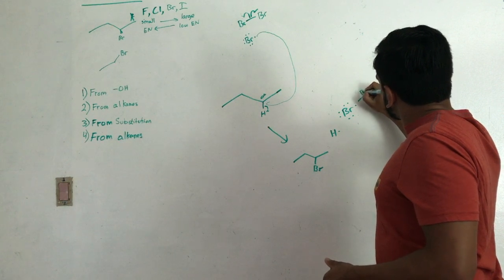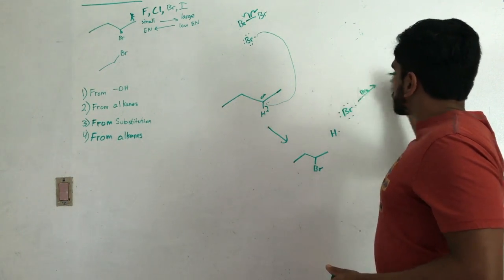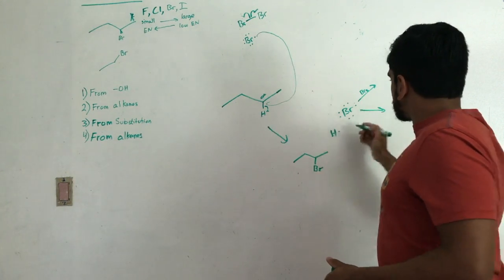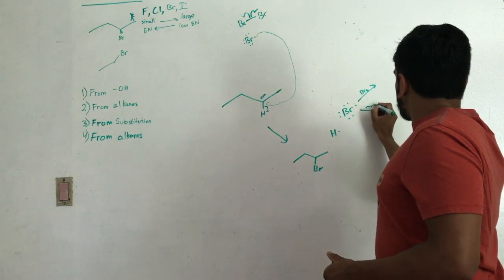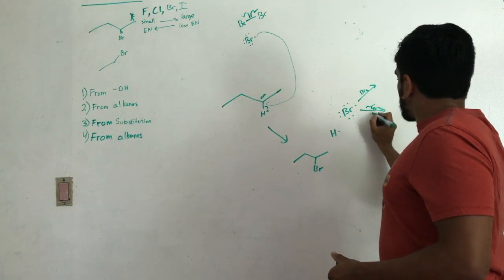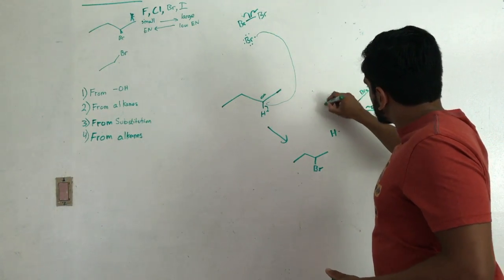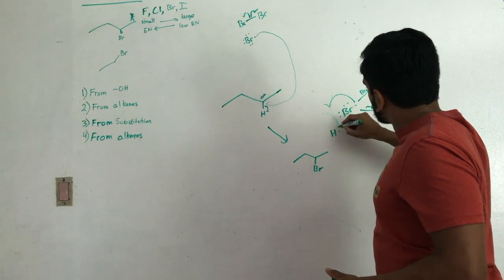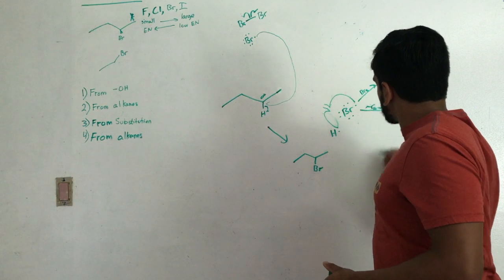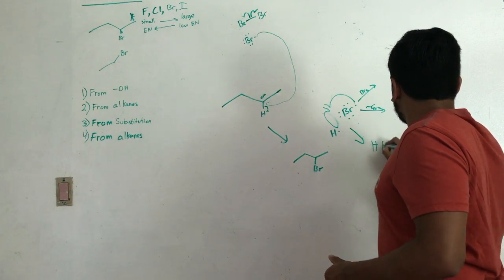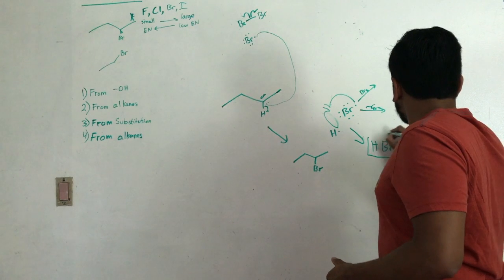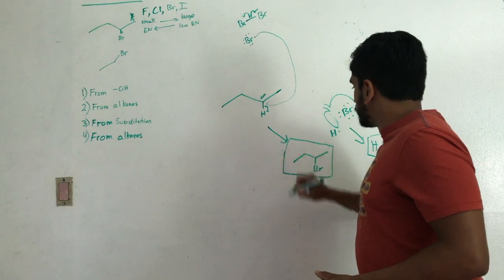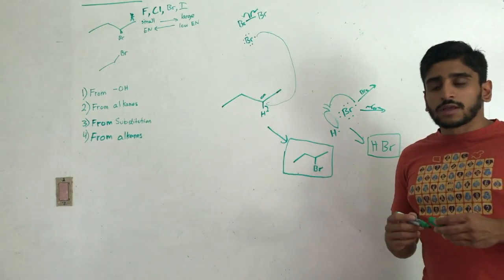First, it can disrupt another Br2 within the system, thus making another bromine radical, or it can once again disrupt an alkane and make this bromoalkane. This can fishhook there, and you can form HBr, but most importantly, you form your target bromoalkane.